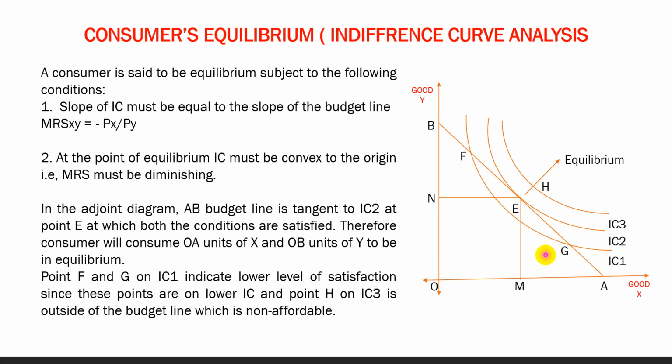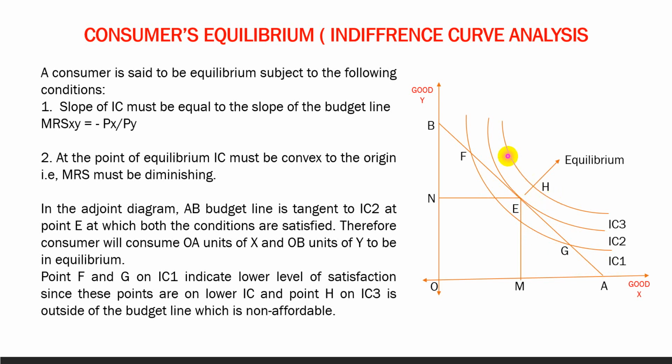And from the property of indifference curves, we know that a lower indifference curve provides a lower amount of satisfaction. So in terms of satisfaction, point E of IC2 gives more satisfaction compared to F and G of IC1. So the consumer will prefer point E.